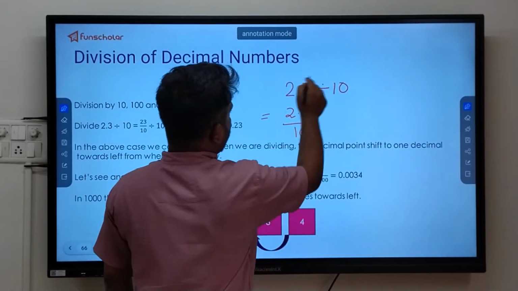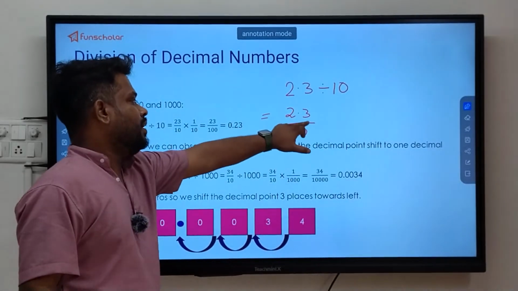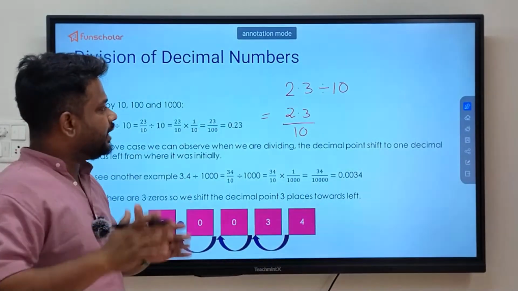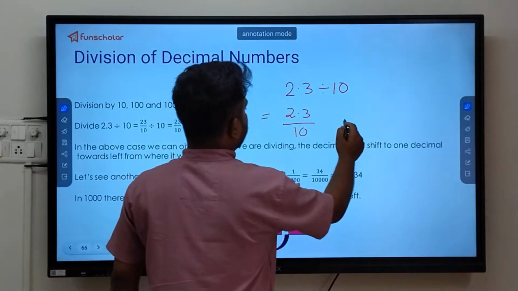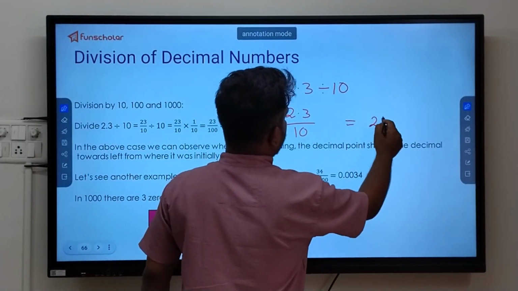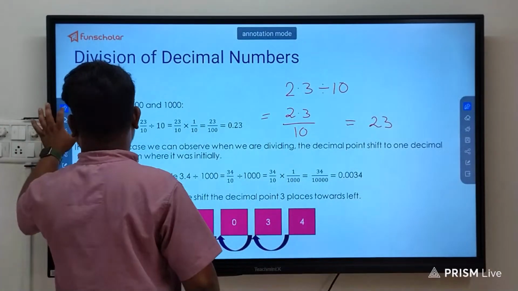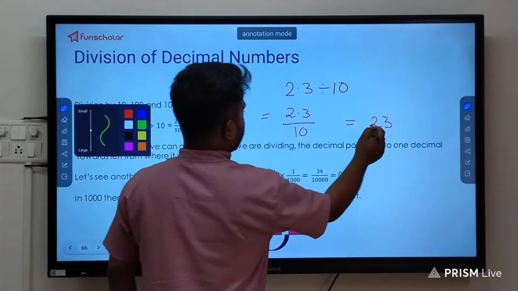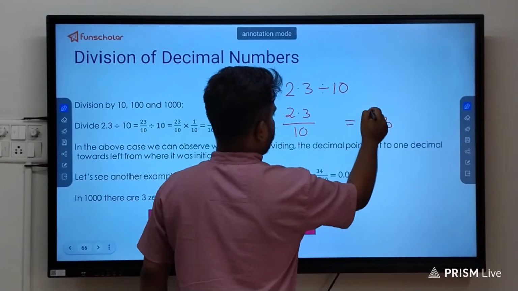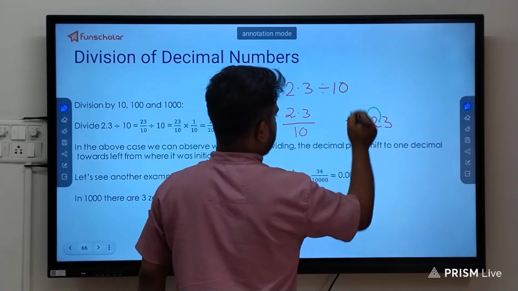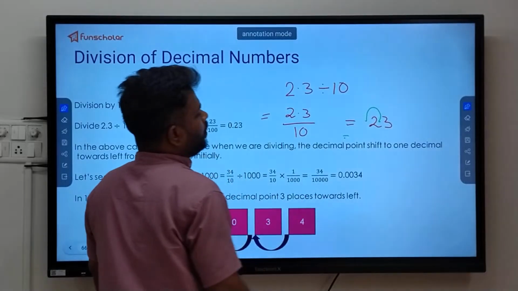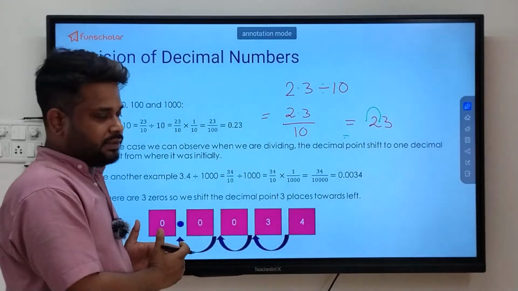Okay, for division the division sign automatically comes up, and then what you have to do is just take the point and keep the point one place previous. Why?